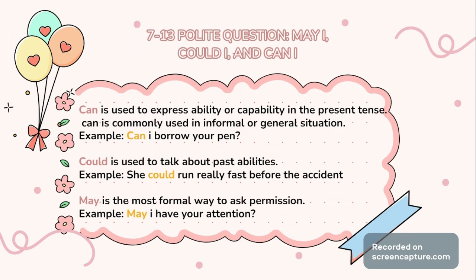And could is used to talk about past abilities. Example, she could run really fast before the incident. And may is the most formal way to ask permission. Example, may I have your attention? It is more polite than can.